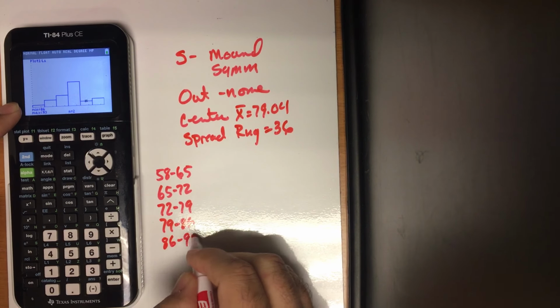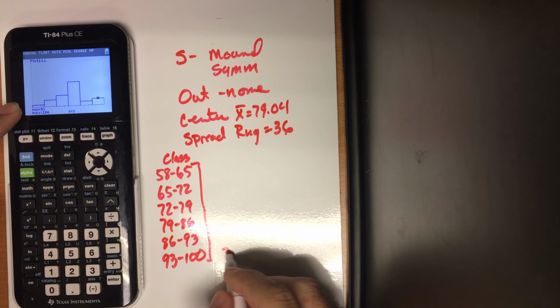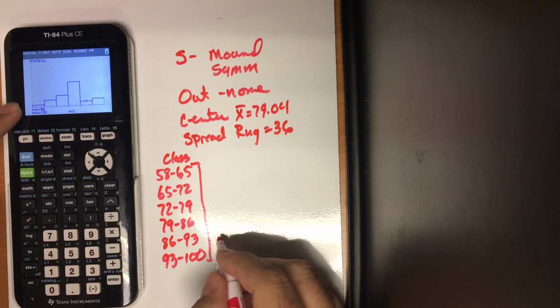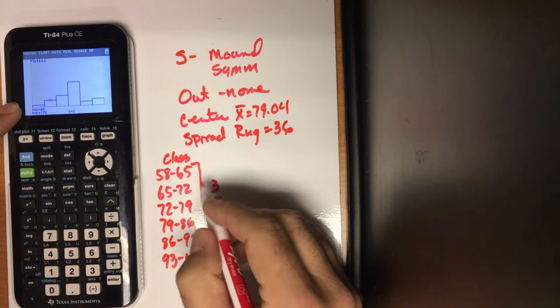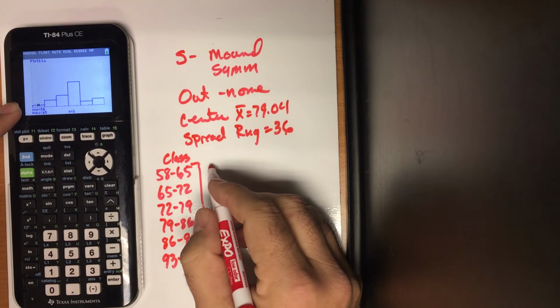All right, so there's the classes. And then the frequency: for this bottom one there were 3, and there were 2, and there were 11, there were 5, there were 3, and 1.